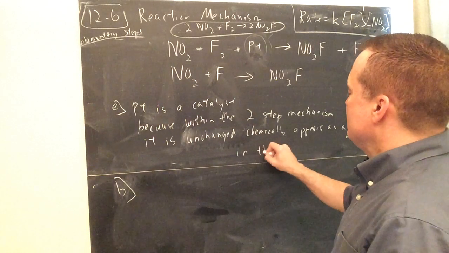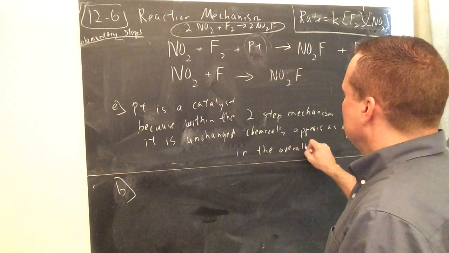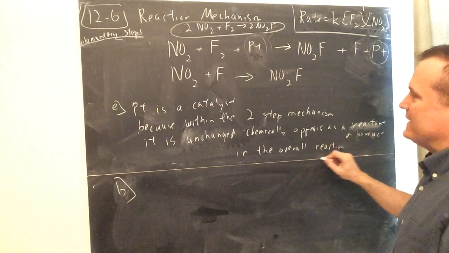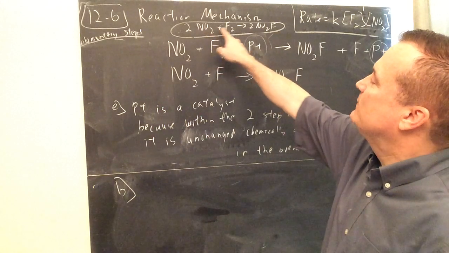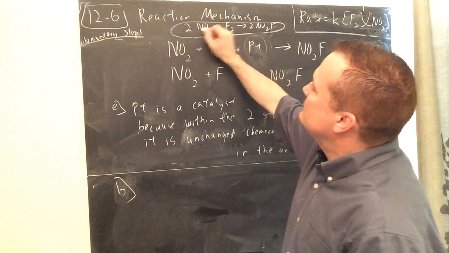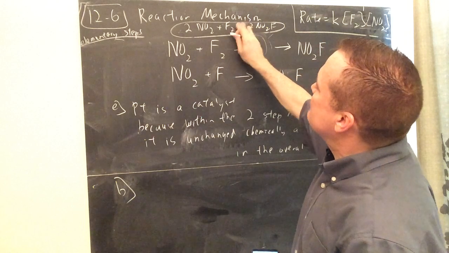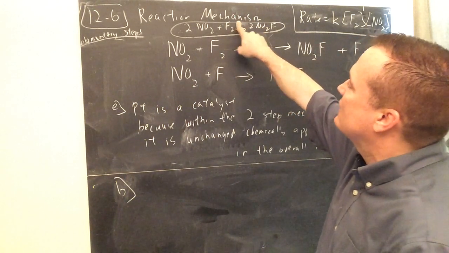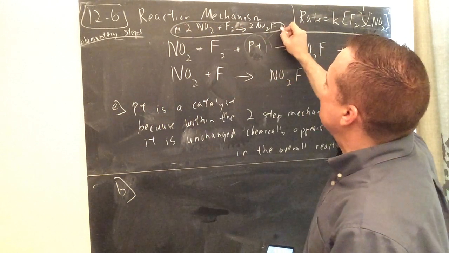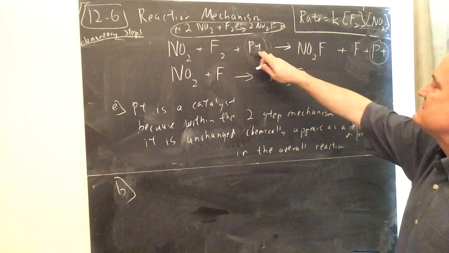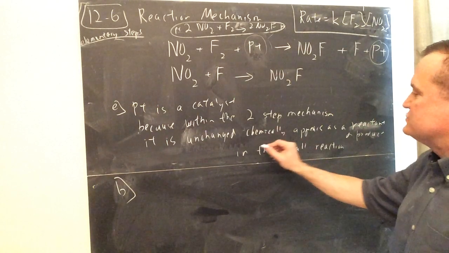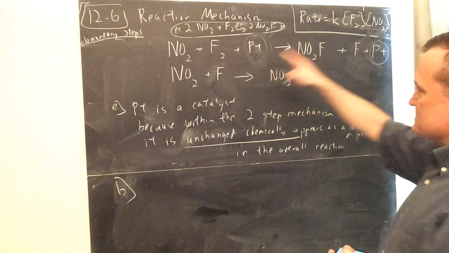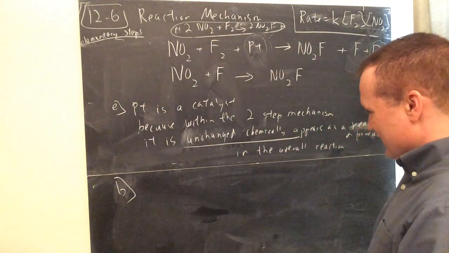The main reaction, 2NO2 plus fluorine gives you that. You could put platinum there. Sometimes they even write Pt above the arrow, meaning the catalyst is there. But it comes in Pt and it comes out Pt. In the overall reaction, it's a reactant and a product, and it comes out unchanged. The main thing is it is unchanged chemically. It goes in, comes out the same. That's the best way to know, the best definition.